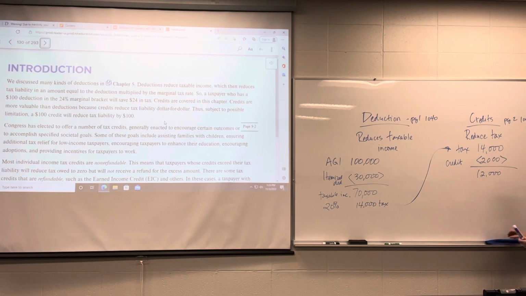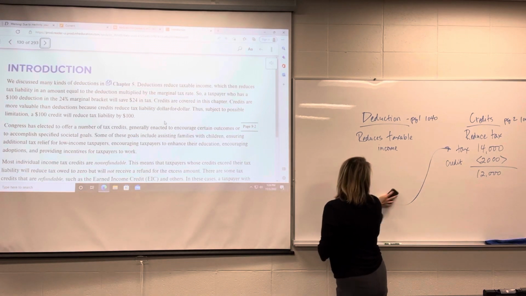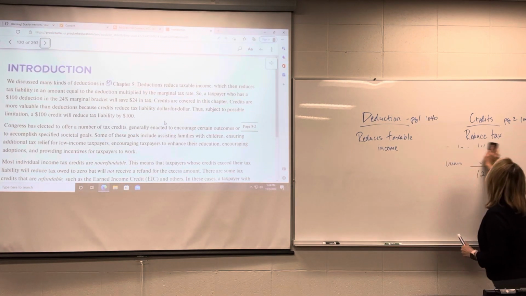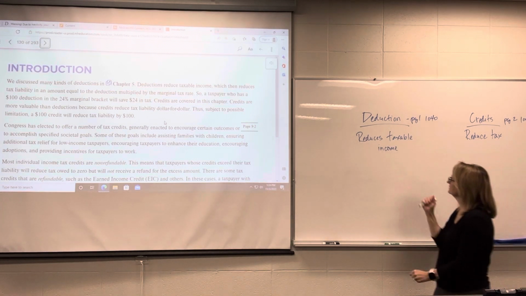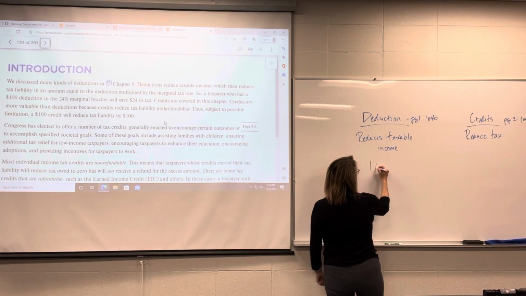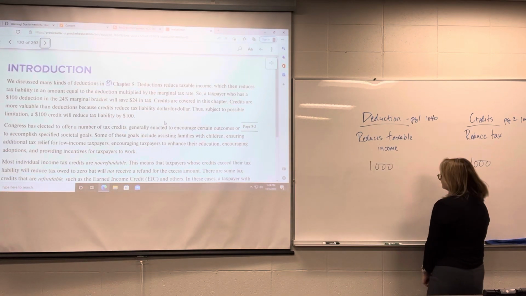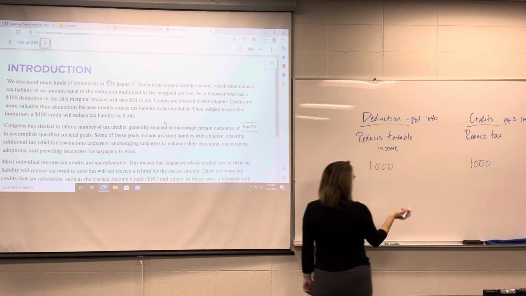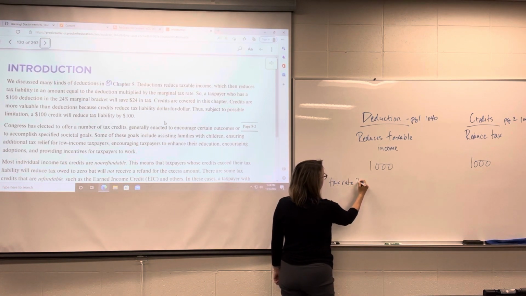So if you have a, let's just say, we won't use the income amounts here. Let's say we have a deduction of $1,000 and we have a credit of $1,000. And our tax rate is 22%.